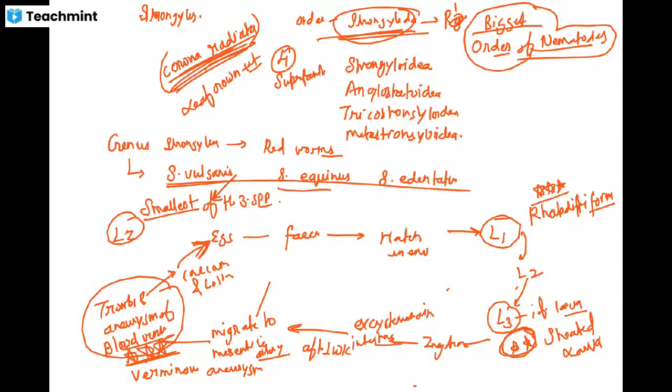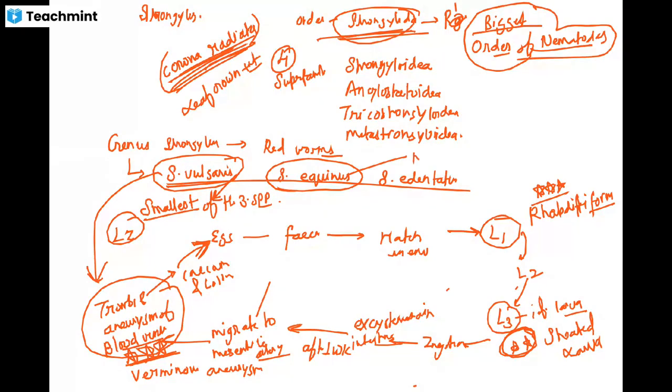This verminous aneurysm is present in the case of Strongylus vulgaris infection. In the case of Strongylus equinus infection, there is nodule formation.